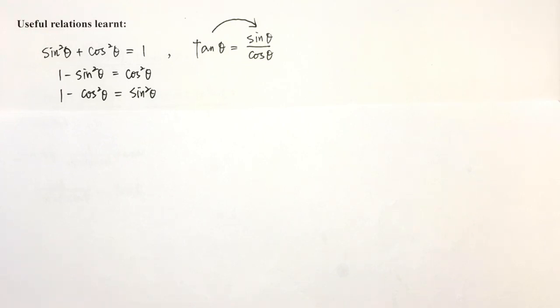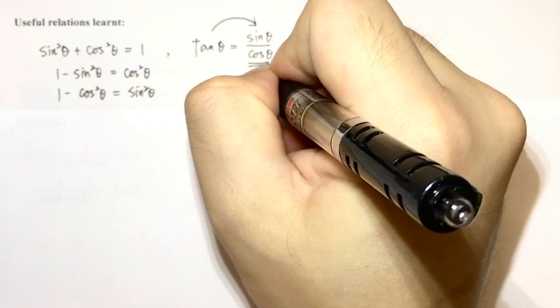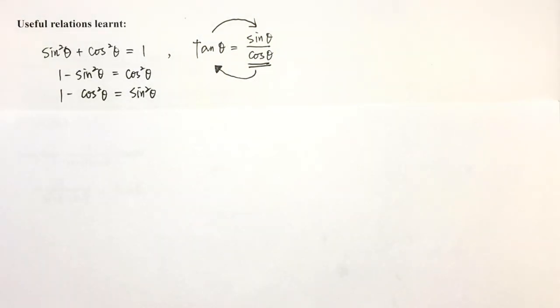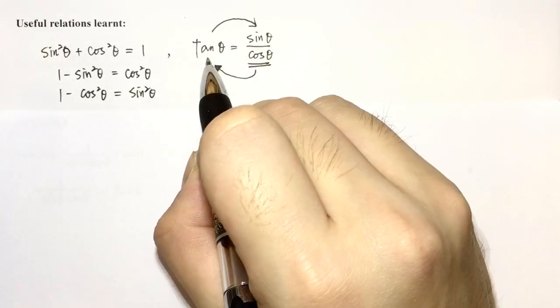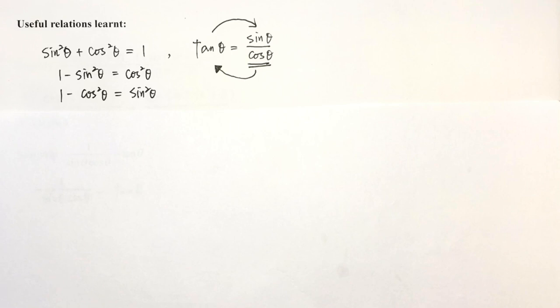And for the final answer, if there is sine over cosine theta, then it's better for you to change back to just one term, tangent theta. So this is the starting point for tangent theta if you meet it in an expression. So let's get started with some examples.